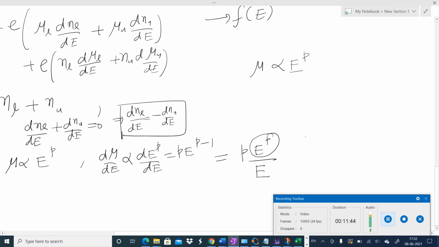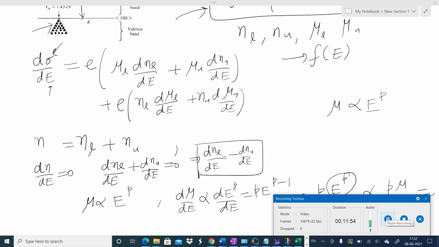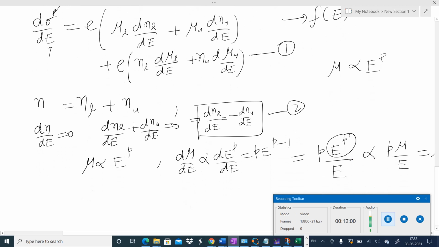But this E to the power p is again proportional to mu, so we can write this as proportional to p mu by E, and hence mu p over E. So we call this equation as 1, this as 2, and this one as 3.